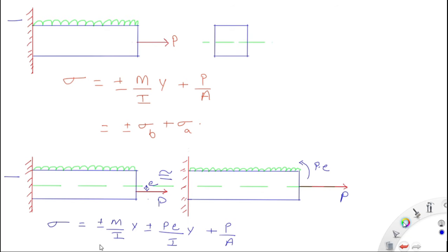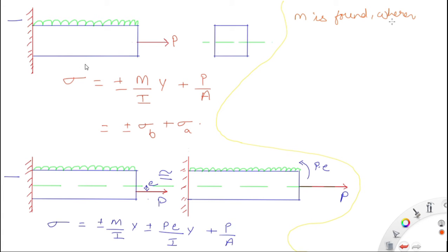Okay, caused by P. So combined stress sigma is equal to bending stress plus axial stress. So bending stress may be positive or negative depending upon the top or bottom fiber that you are choosing. In the top you will face tension, and in the bottom you will face compression.